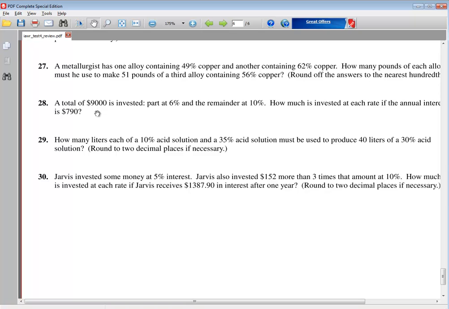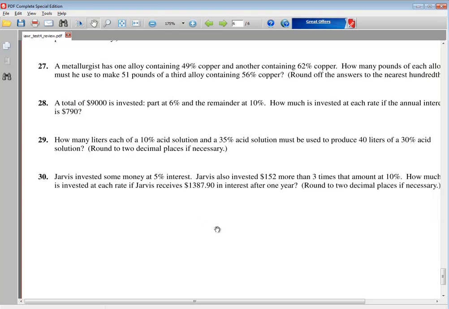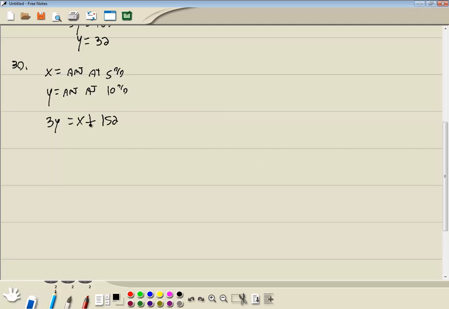Not sure if I'm reading this right. I'm assuming that Jarvis is referring to the 5%. Oh, here. Jarvis invested some money at 5%. Also invested. Again, I'm assuming it's referring to the 5%. 3 times that amount. 152 more. Let's try 152. It might need to be a minus 152.